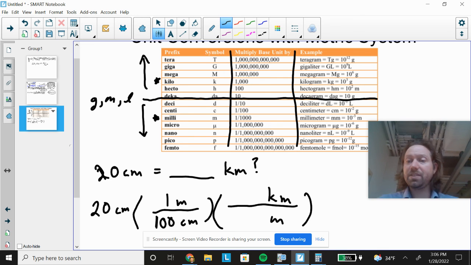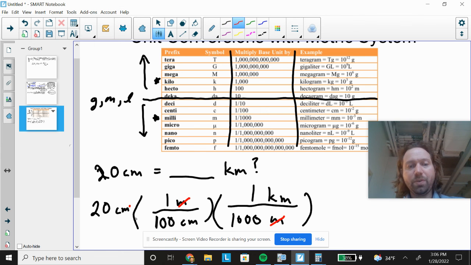Now, what does it say about that conversion? Well, kilo means 1,000 times bigger than the base unit, meters. So there's 1,000 meters in 1 kilometer, because a kilometer is 1,000 times bigger than a meter. Okay? So once we do this, we can cross out the units.